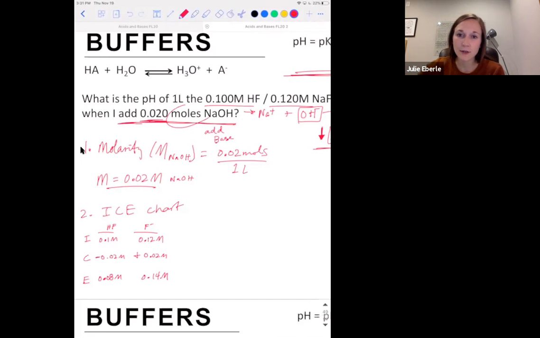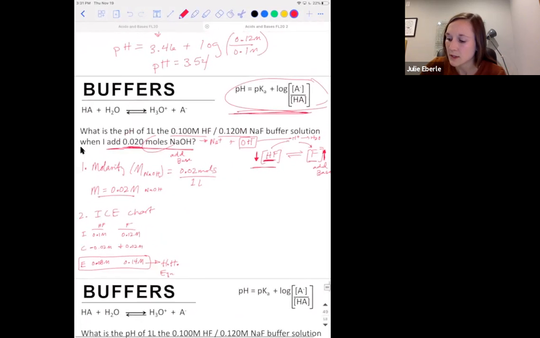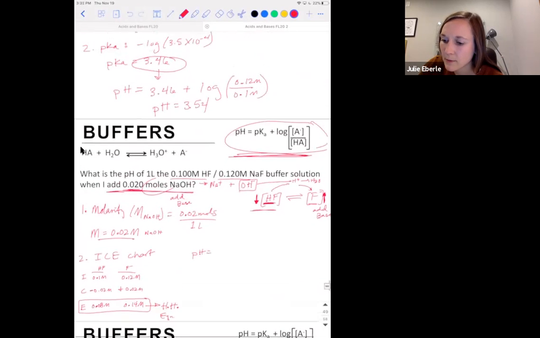Now we just take our new equilibrium concentration. So this last row right here, we're going to plug these into the Henderson-Hasselbalch equation. So that is up here, right there. We're going to take that, and it says pH equals pKa. What was our pKa? We calculated it right up here.